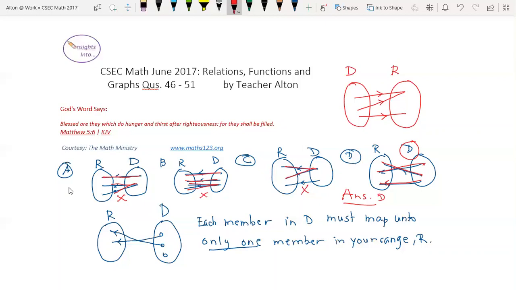Let's go back to the definition. A function exists where each member in your domain is mapped onto only one member in your range. So let's see if that is satisfied here. First member is mapped onto only one member here. Second member is mapped onto only one member here. Third member is mapped onto only one member there. So yes, this is a function.